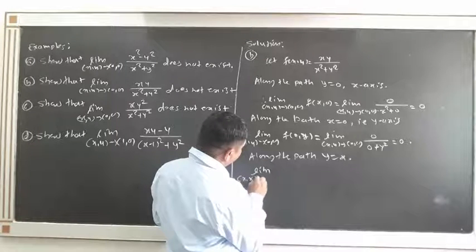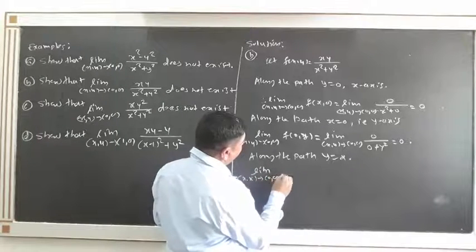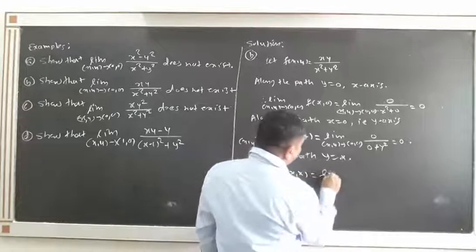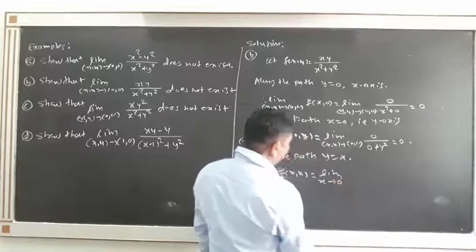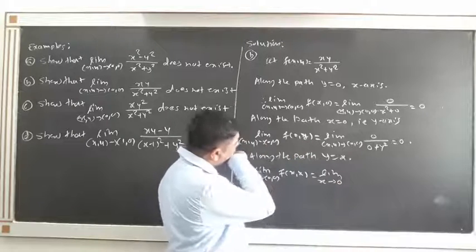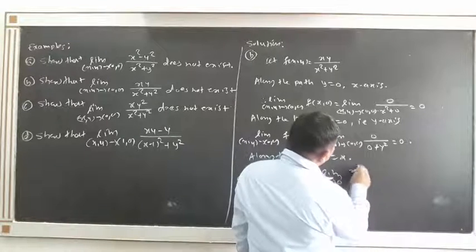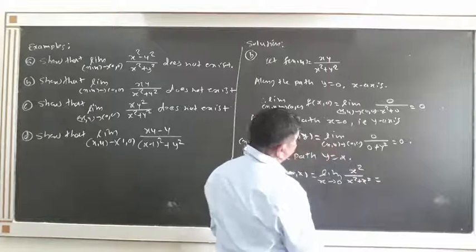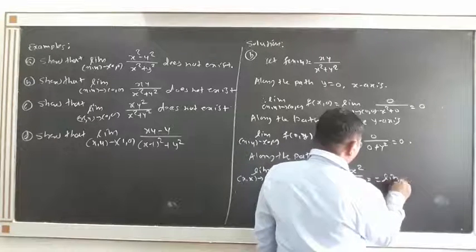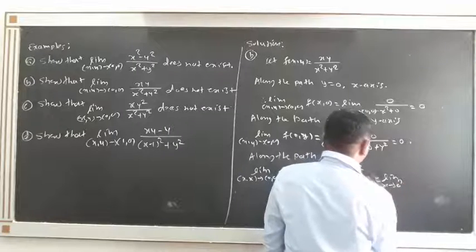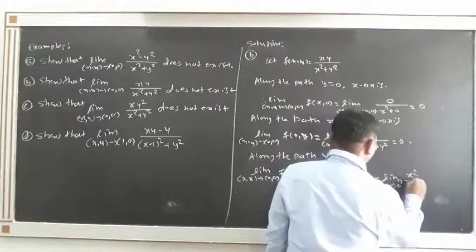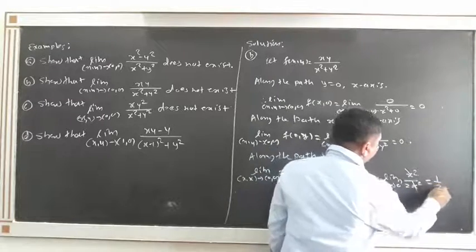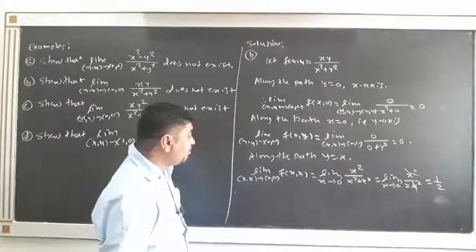The limit as (x,x) tends to (0,0) of f(x,x), which means x tends to 0, of x square upon x square plus x square. It is equal to the limit as x tends to 0 of x square upon 2x square, and it should be 1 upon 2.